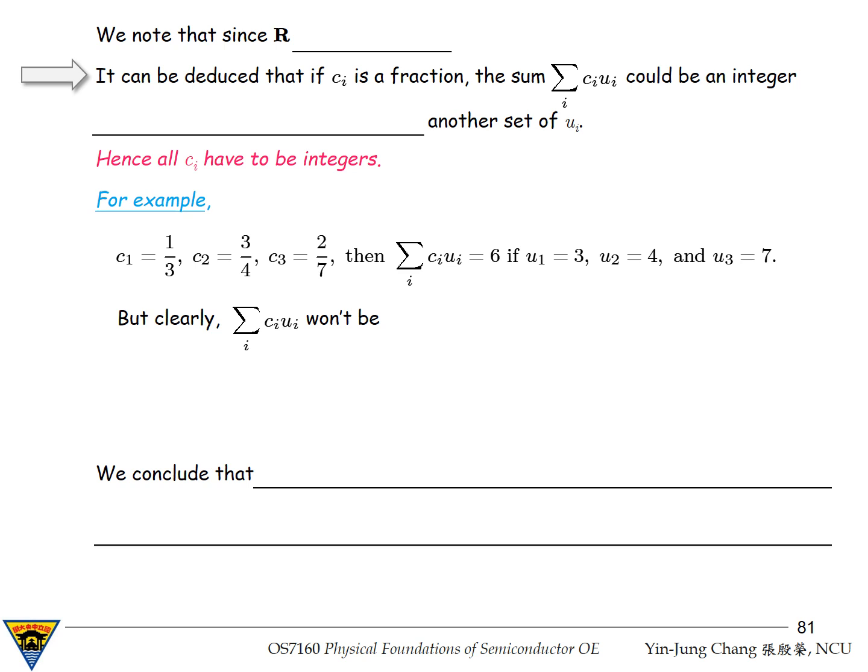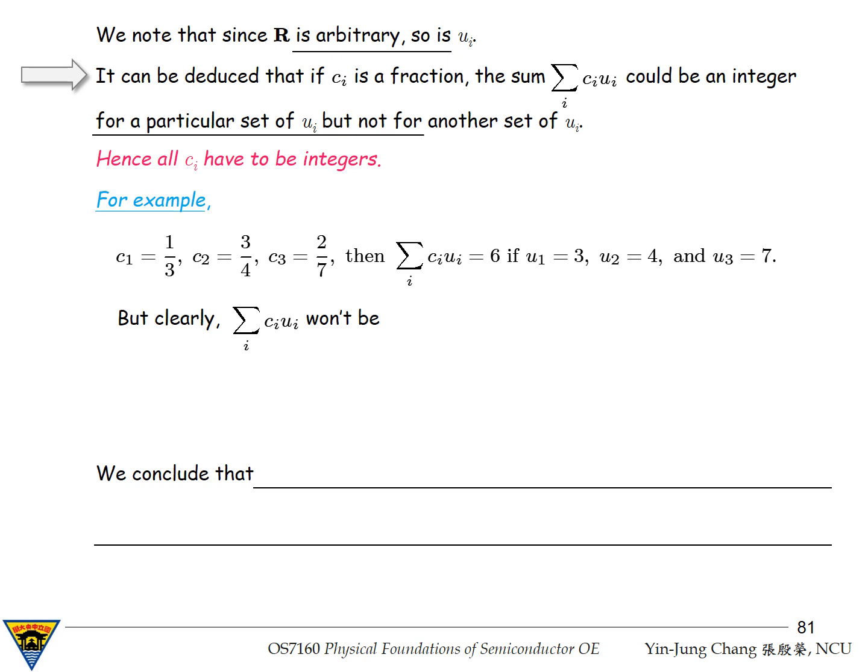Why? Because the translation vector R is arbitrary, which means the integers u1, u2, and u3 are arbitrary. Even if one of the coefficients were fractional, the sum could be an integer for some special choice of u1, u2, and u3, but not for all choices.